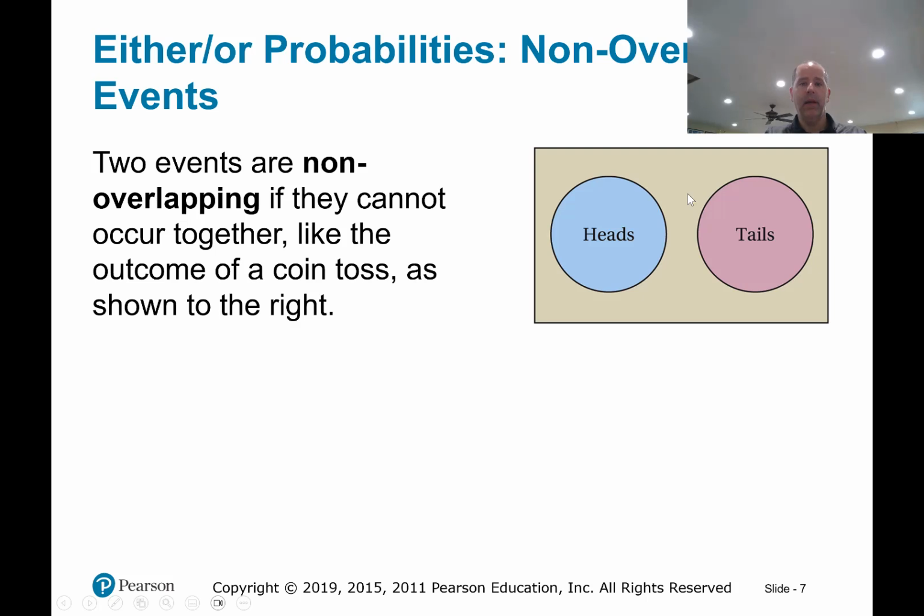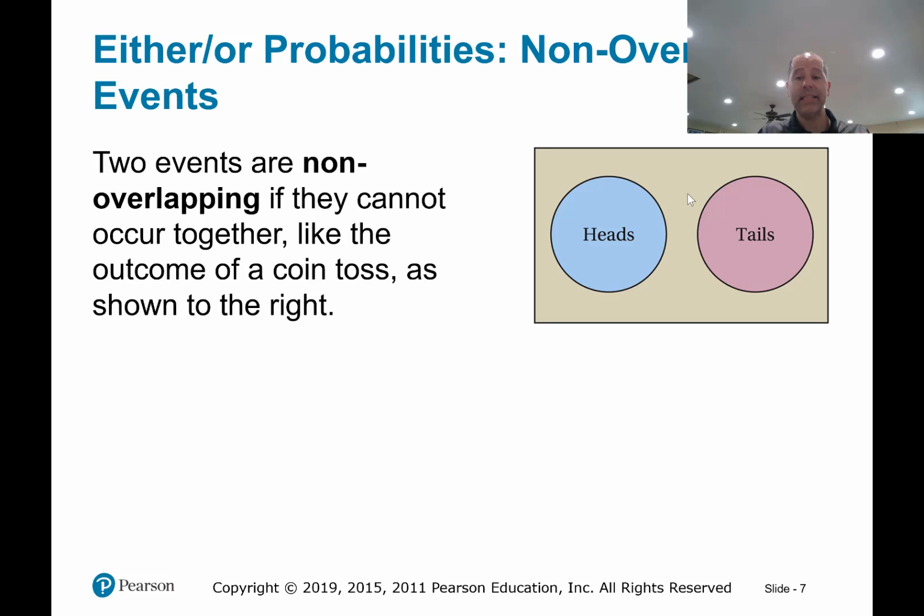All right, now let's look at Venn diagrams to help us understand what it means to have independent events, or what we're going to call, well, let me just go into it before I let the cat out of the bag. But here we go. So we have 2 non-overlapping circles.